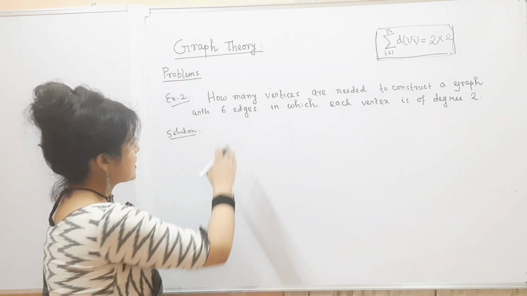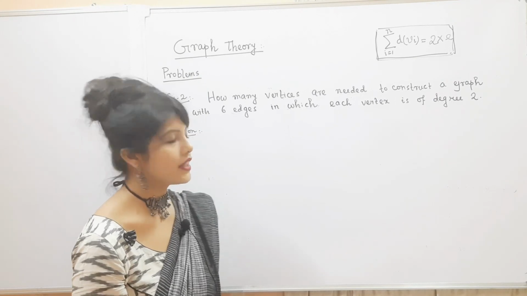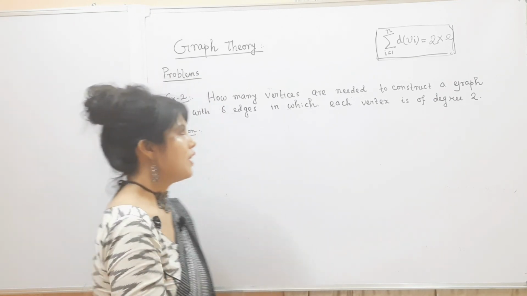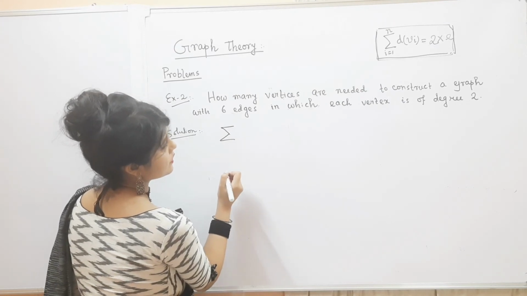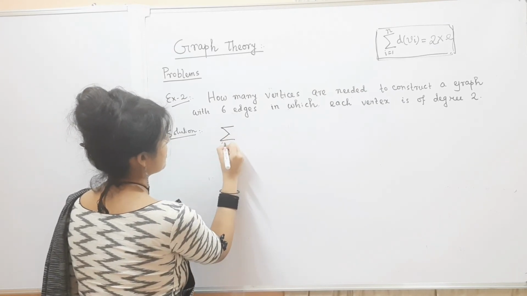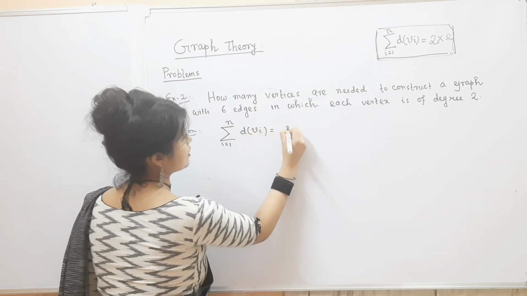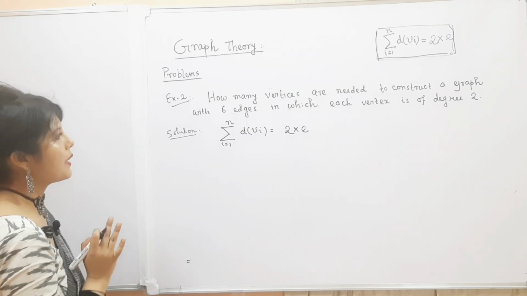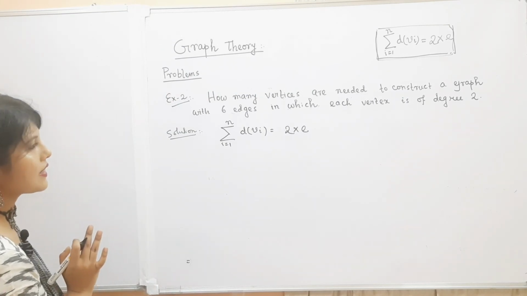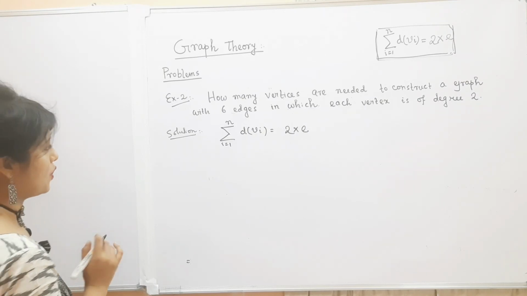So the condition is the graph has 6 edges and the degree of each vertex is 2. So I will apply this, that is, the sum of degrees of Vi is equal to 2 into E. So this is the formula, okay. Now 6 edges are given and each vertex is of degree 2, okay.